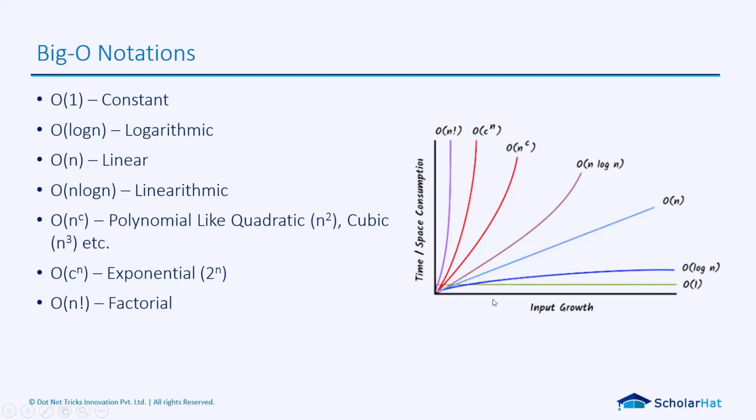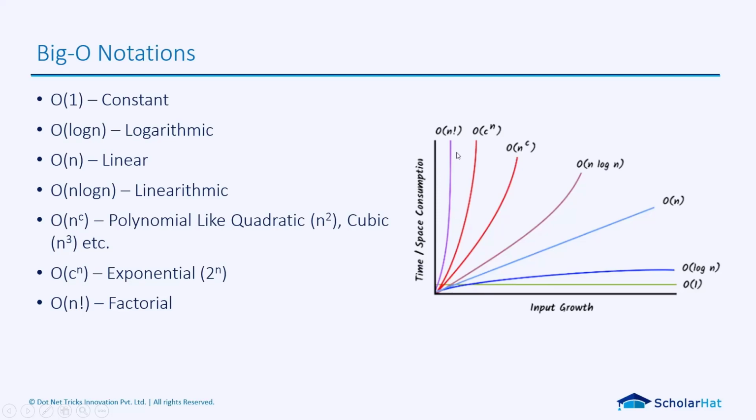As the input is given here, you can see how the complexity is changing and how the output is affected. If you see factorial n, with smaller inputs it gets a larger output, so it changes with the input very fast.